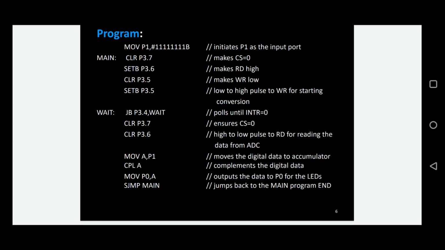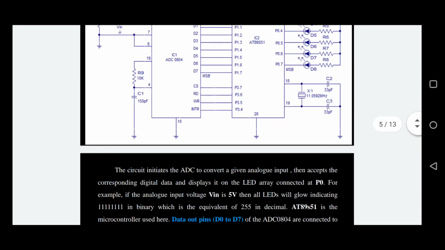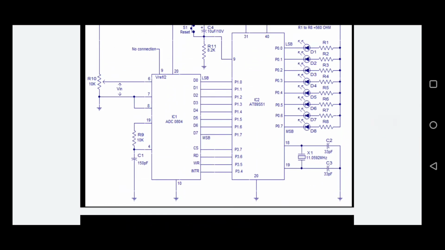And see the next instruction, the wait label: JB P3.4, wait. This is nothing but the interrupt signal, right? Port 3.4 is connected to the interrupt. So what is the condition actually? If the interrupt is 1, the conversion is not finished. If the interrupt is 0, the conversion is finished, right? 0 is low and 1 is high.